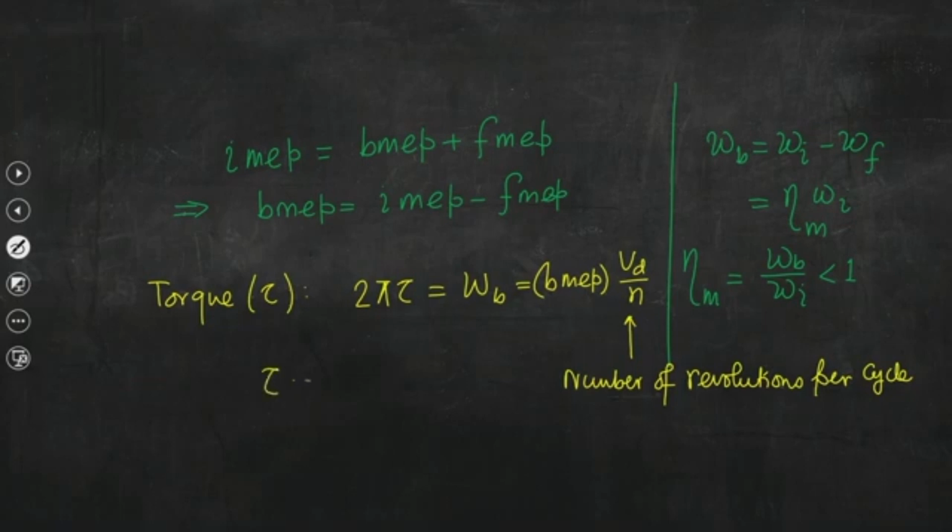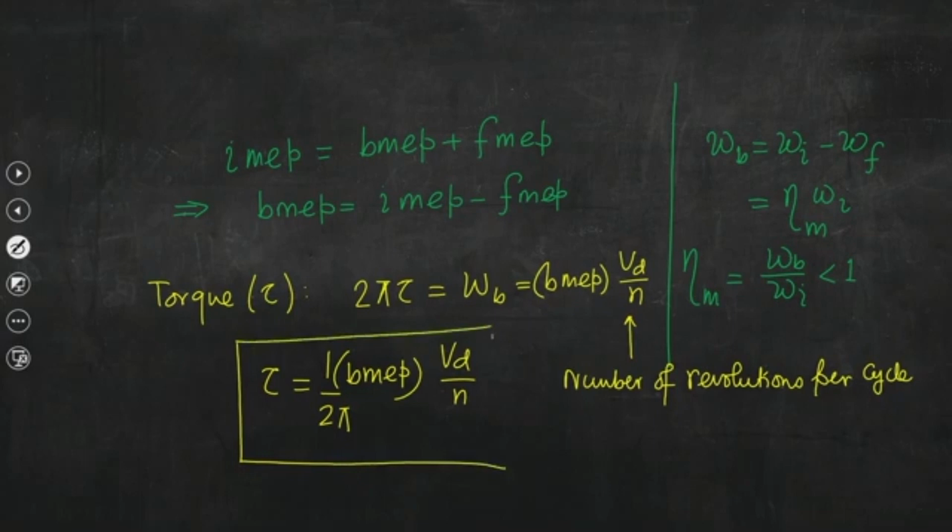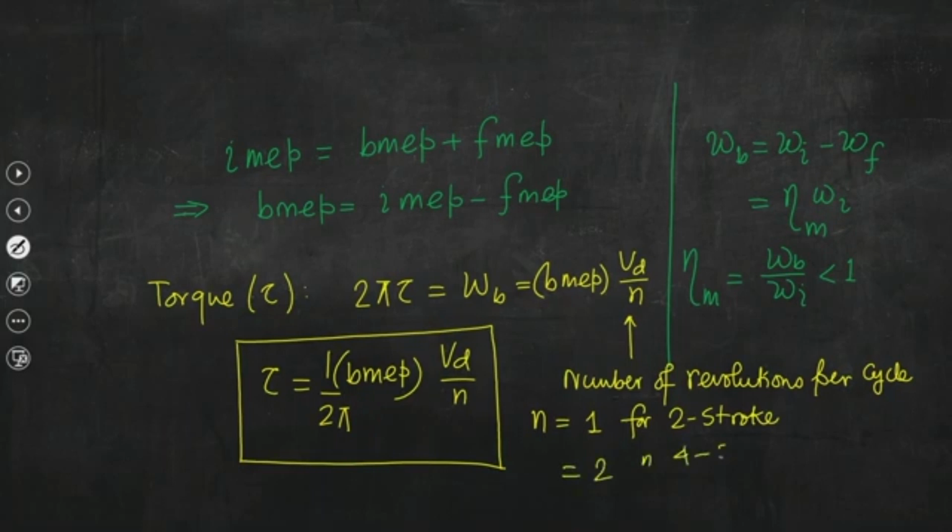So, this is the expression of torque. You can write torque tau equal to brake mean effective pressure times 1 upon 2 pi into VD divided by n. This would be very useful to calculate numerical problems. This n is 1 for a 2 stroke cycle engine, and equal to 2 for a 4 stroke cycle engine.